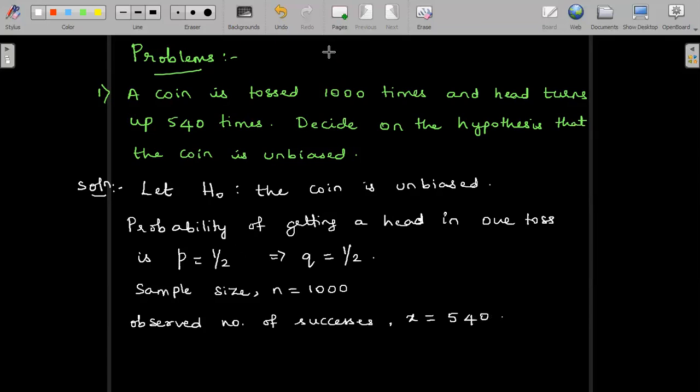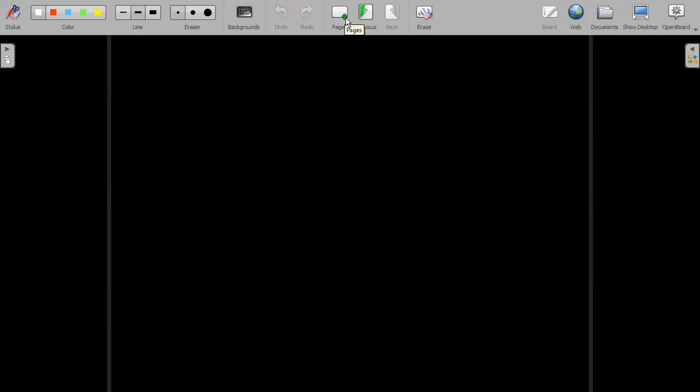With this analysis, we can consider the expression for z, which is given by z is equal to x minus np divided by square root of npq. So z is equal to x minus n into p divided by square root of npq. We will substitute all the known values. So z is equal to 540 minus 1000 into p, and p is 0.5.